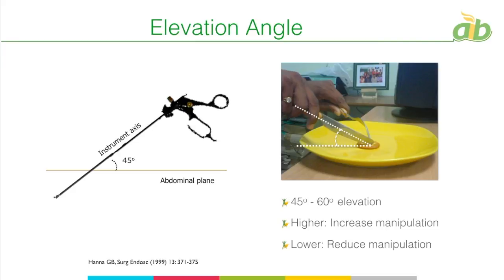The higher it goes up, it increases the manipulation, and the lower it goes, it reduces the manipulation. By this way, you will be able to achieve the best task with the least strength necessary and the least fatigue of a procedure. This can be beautifully explained through the right picture.